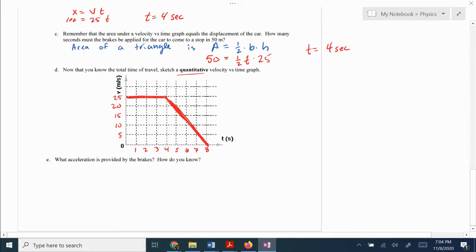And then the acceleration. Find the acceleration. There are a couple of ways to find the acceleration. You could find the slope of this graph.